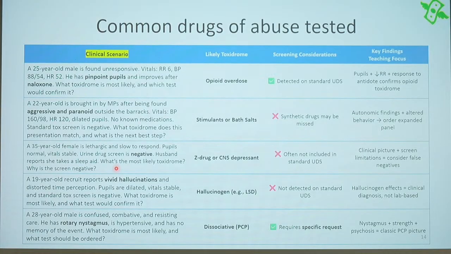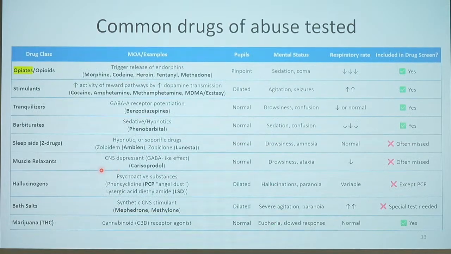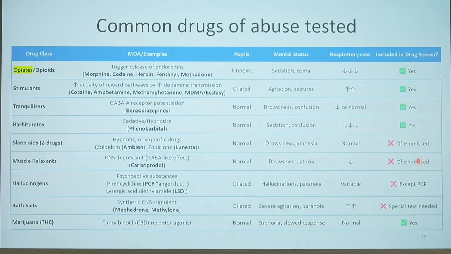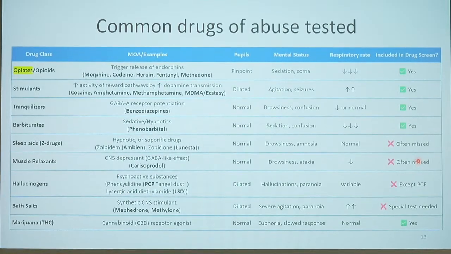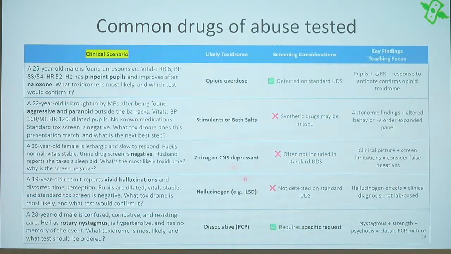Her husband said that she took a sleeping aid. These are not found on a standard UDS, nor are some muscle relaxants, which can also be used as sleeping aids. So that is why the UDS was negative.